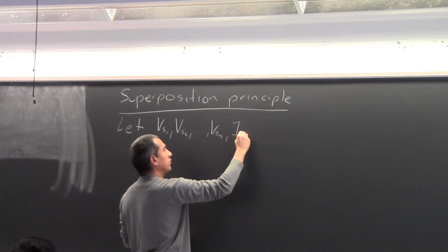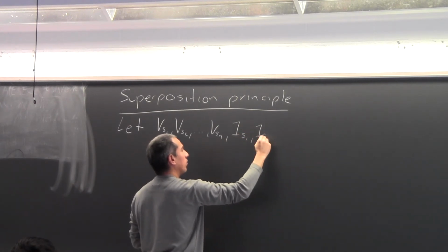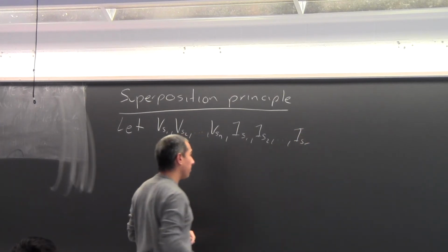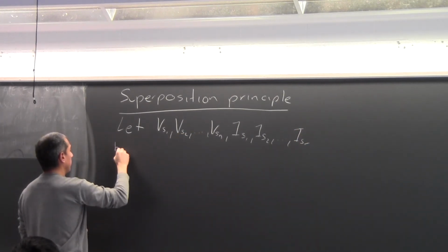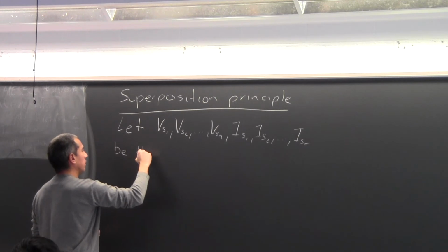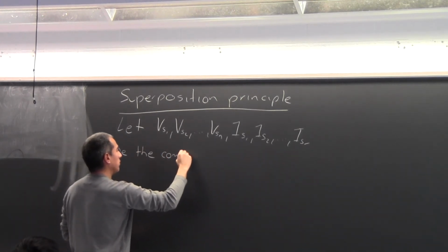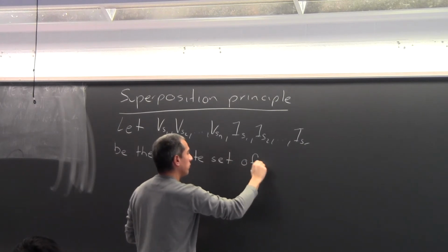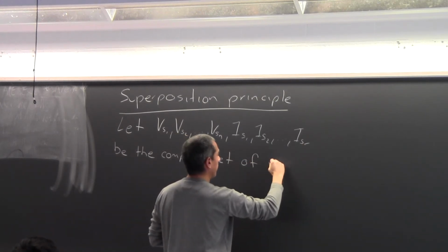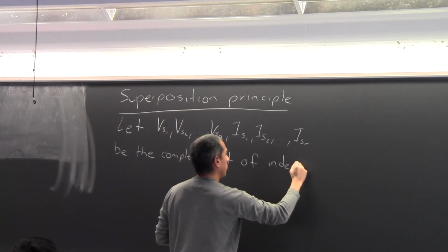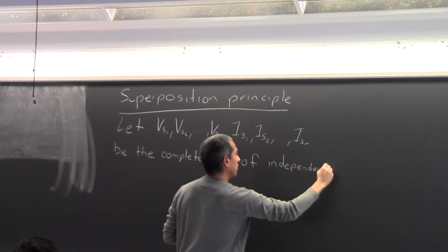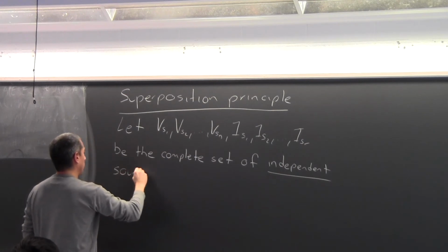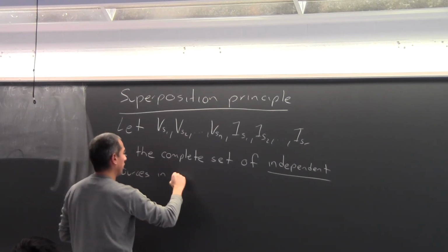Then we have the first current source, the second current source, and so on, and let me have r current sources, be the complete set of independent sources. This is important: independent sources in a resistive circuit.